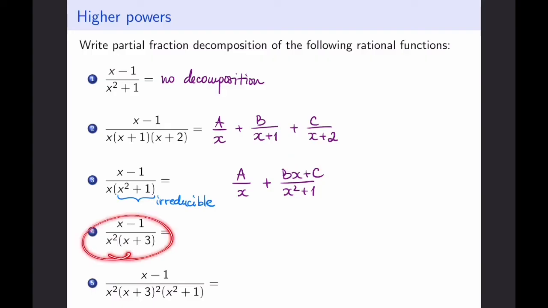Now the next example is slightly different from the one above. I also have two terms, but this first one appears to power 2. So let me actually think first about what the terms are as we go along. I have a term x, then x squared, and then x plus 3. So this x squared packs within itself a linear term x and then a repeated power on it.